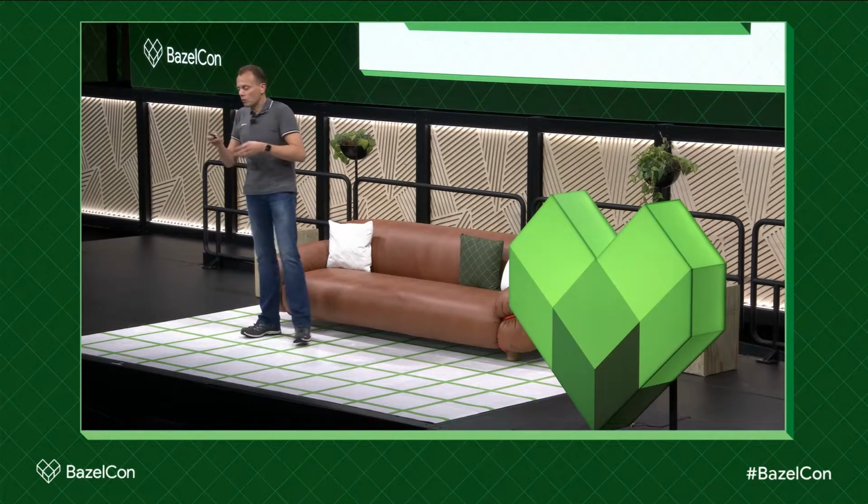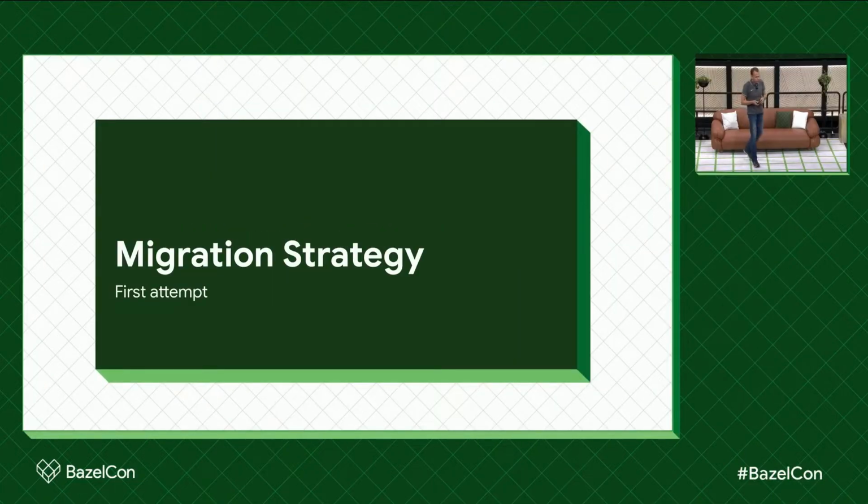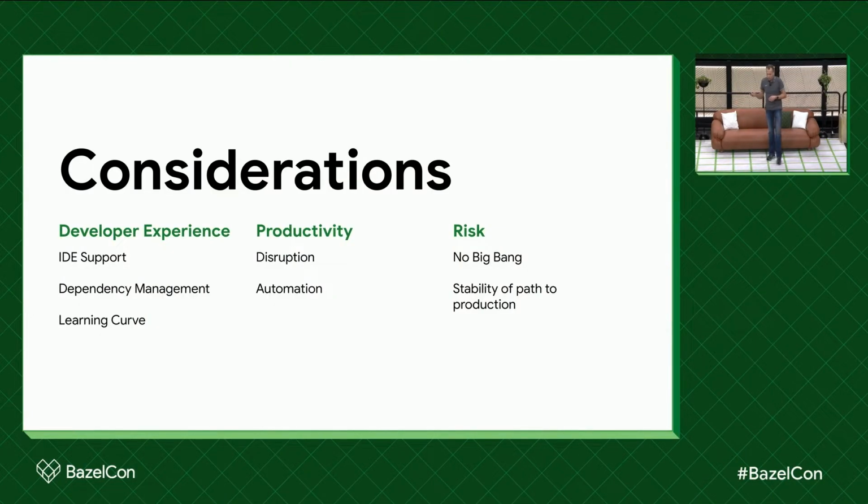But first we also had to look at a few other requirements. At the scale of how we operate and what we do, we had to be very careful to make sure that we're not doing crazy things. So three key points here: developer experience, productivity, and risk.